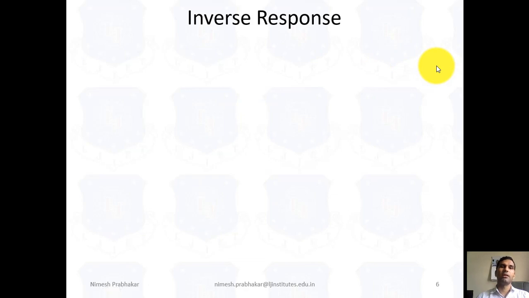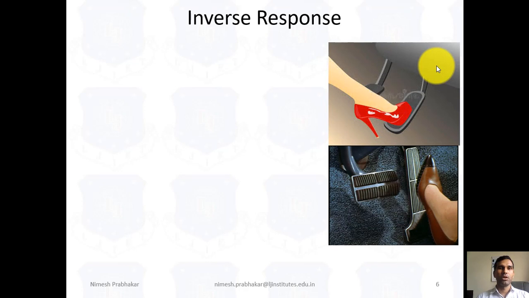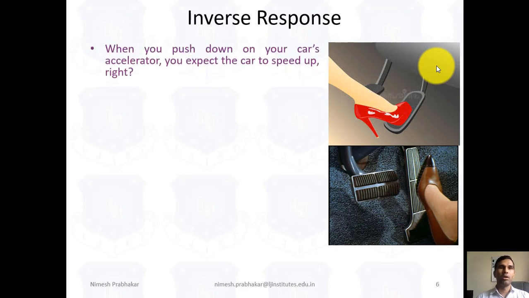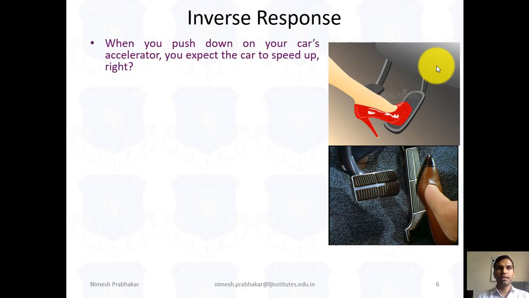Now we see the inverse response. Before we understand the inverse response, let's take one example of a car. We all know that when you push down your car's accelerator, you expect the car to speed up, right or wrong?